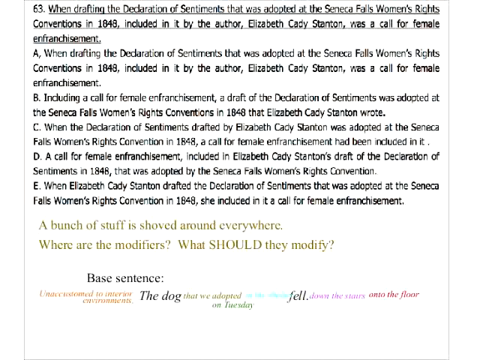So here's everything that's modifiers. That when drafting the Declaration of Sentiments, that's a modifier. That's a modifier. That's not. That's a backward constructed sentence. Included was this, so that's the basic sentence.